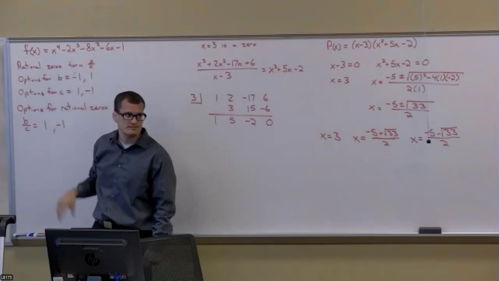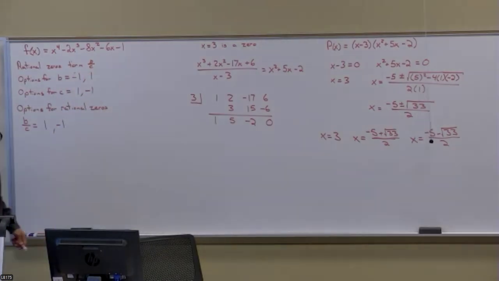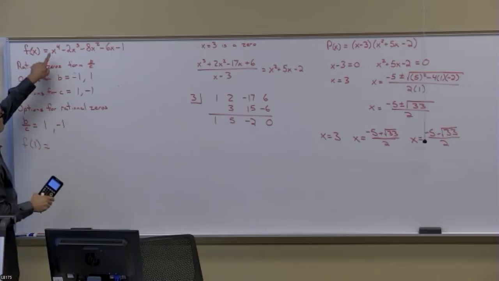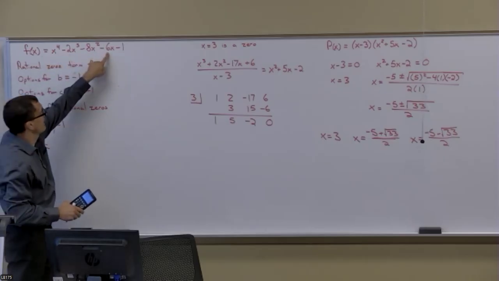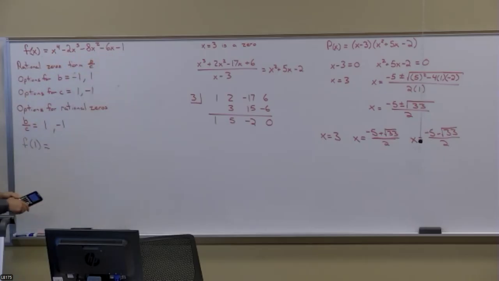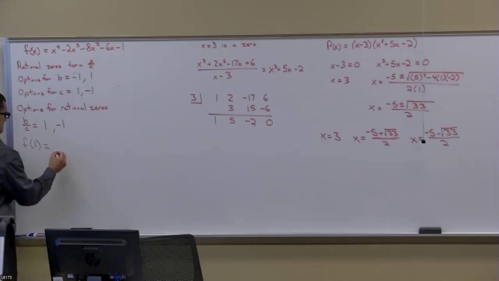So easy to do if you want to. So let's plug in 1. This is going to turn into 1 minus 2 minus 8 minus 6 minus 1. Not going to give me 0. So what we're getting is negative 16.